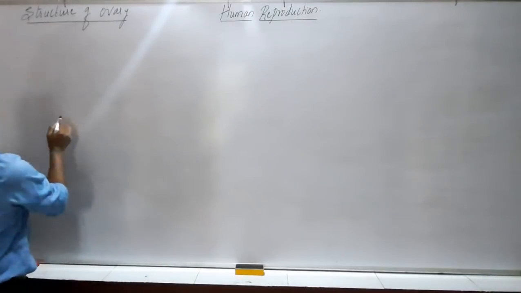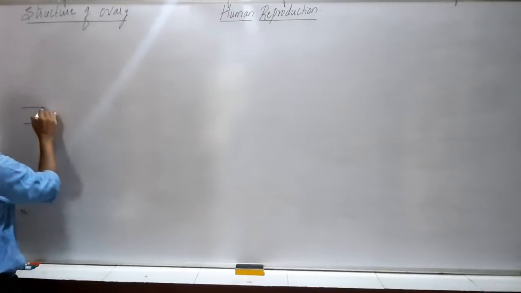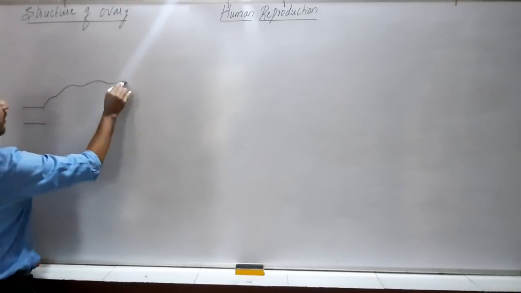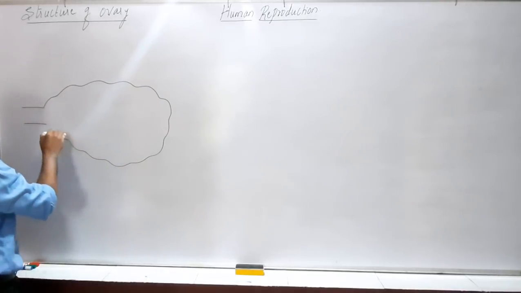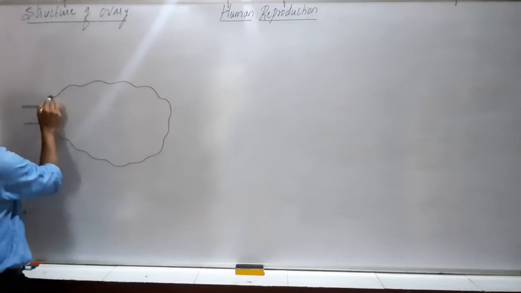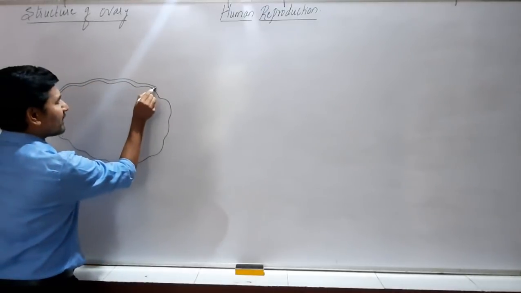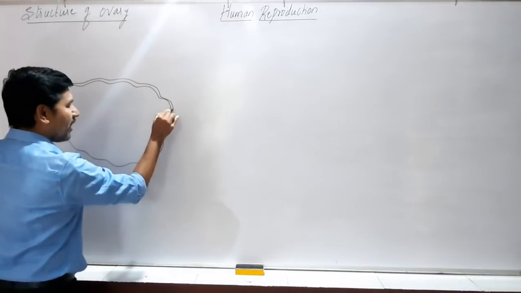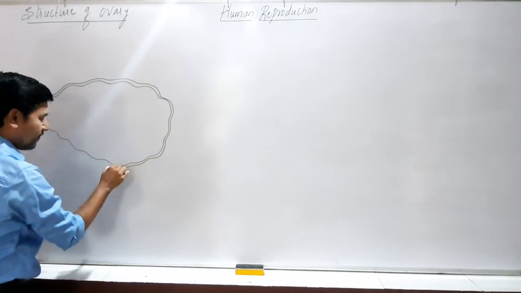Now if we look at the structure of the human ovary, as the size is small, it measures around 2 to 3 centimeters in length, and is attached to the outer part of the uterus in the female reproductive system.